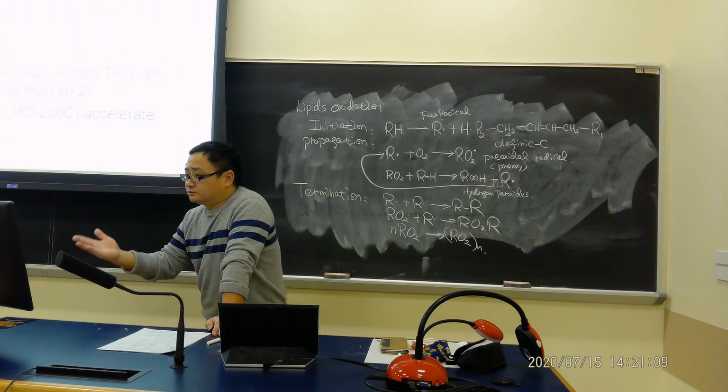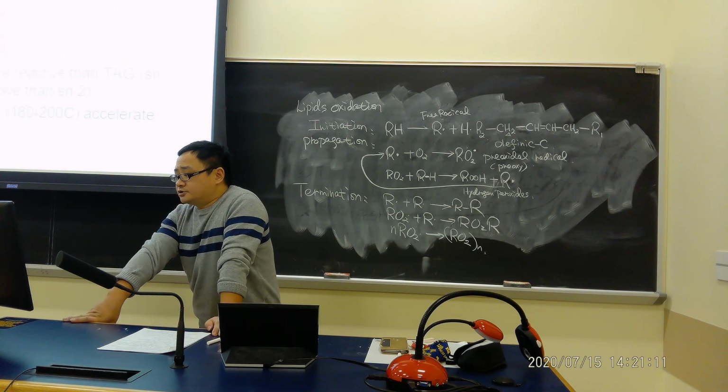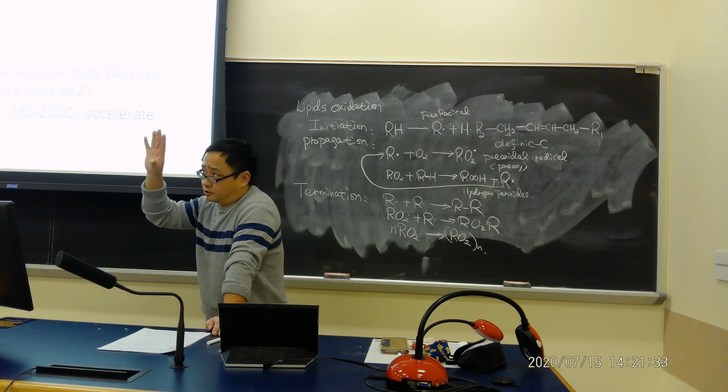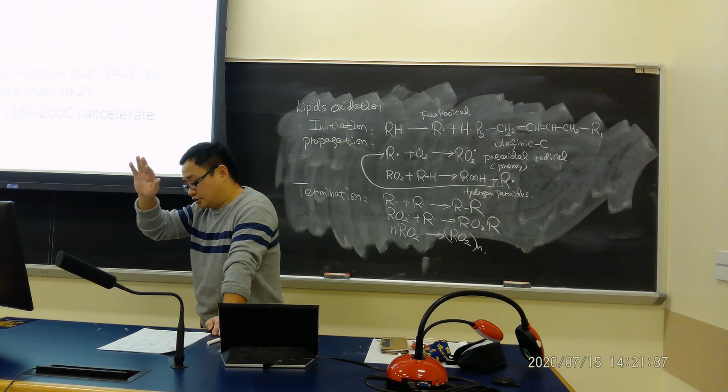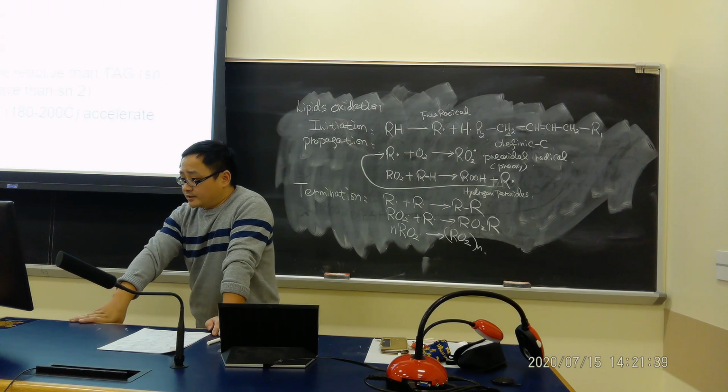Other things I just mentioned: the position of the double bonds really matters. Non-conjugated is more reactive than conjugated. And for the specific position, SN1 or SN3 is more reactive than SN2, which means the bottom or top reacts more easily to auto-oxidation than the SN2 position.